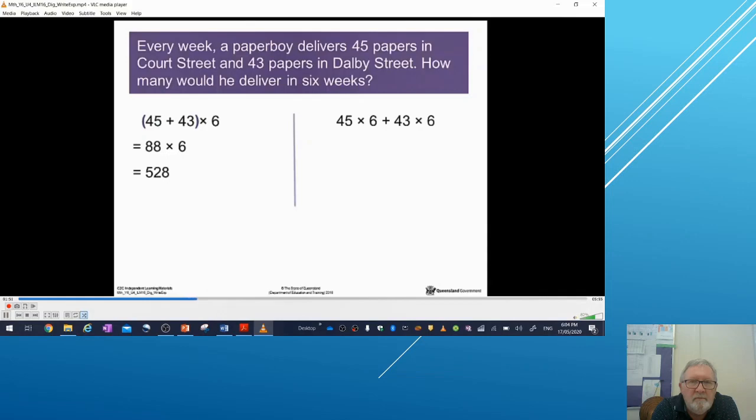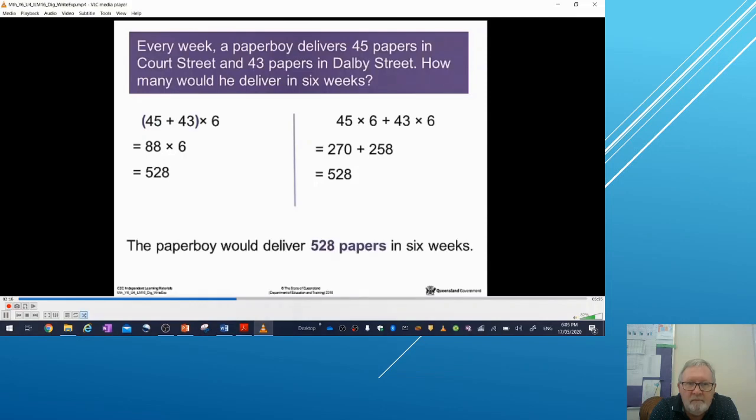There is no need to add brackets to this expression because the conventions lead us to calculate the multiplications first. 6 lots of 45 gives us 270, and 6 lots of 43 gives us 258. We now add these two amounts together to obtain 528.